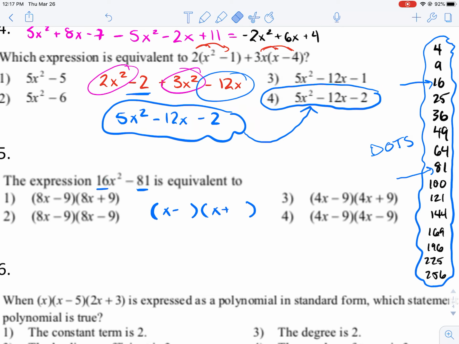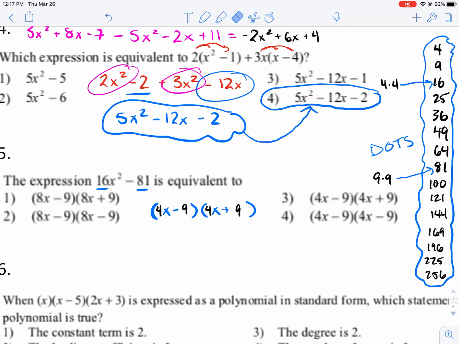Now, let's look at 16. 16 is just 4 times 4. So that means we're going to put a 4 in front of the x, for both of those. And 81, which we've seen before, is just 9 times 9.